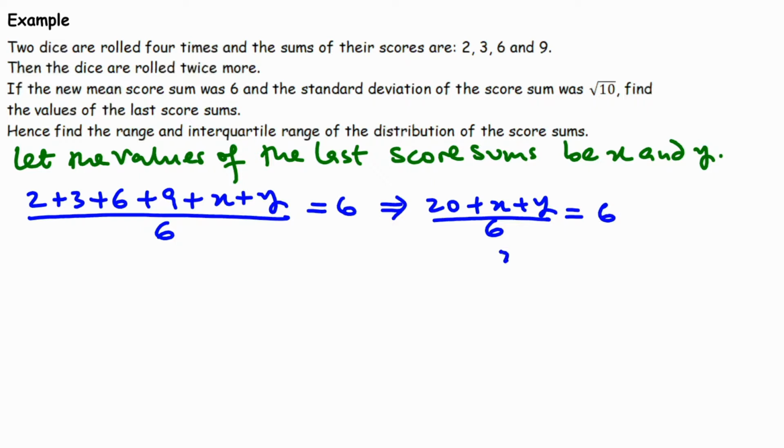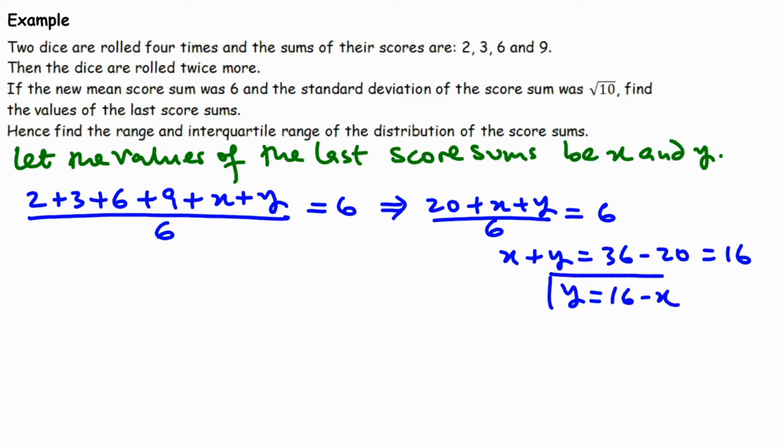Or you can just say x plus y will be 36 minus 20, which gives us 16. So y will be equal to 16 minus x. There's a reason why I'm writing it in that form, because at some point I suspect we'll be required to substitute this to be able to find the values of x and y.